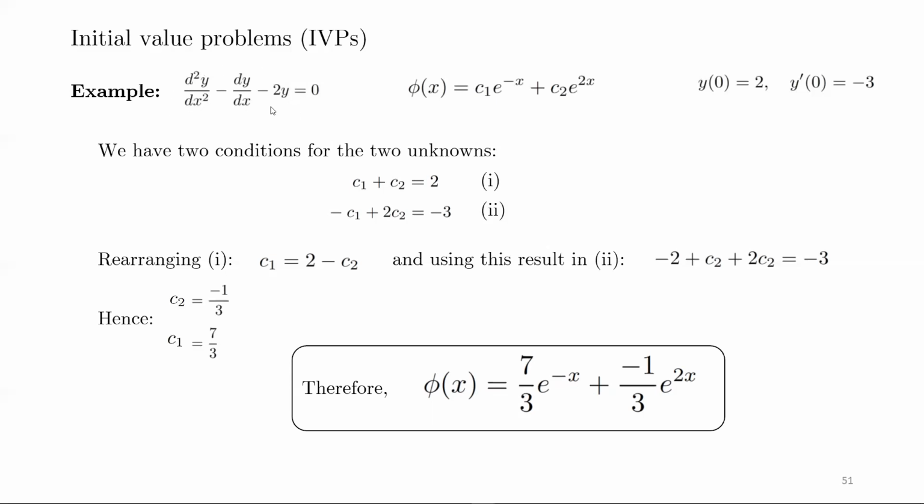Phi of x is a solution to the second order ODE given here. It's a two-parameter family of solutions, in fact, to this ODE. The phi of x we've just found, 7 over 3 e to the minus x plus negative 1/3 e to the 2x, is a solution to the initial value problem.